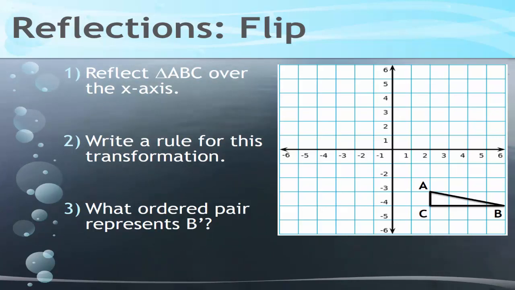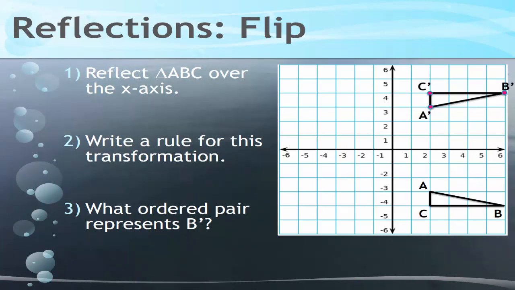So I could fold the paper in half from top to bottom, and the image, if I put it in a really dark ink and then press down on my paper, would layer over, and we'd end up with coordinates up in quadrant 1 that are a mirror reflection of our quadrant 4. And so our reflection would look something like what you see on the screen.